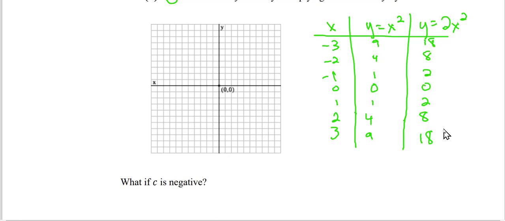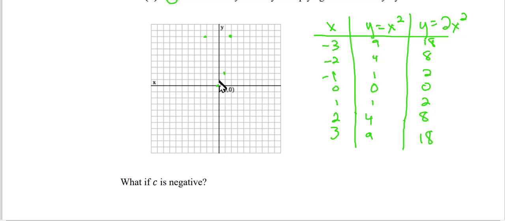I'm not going to graph the original parabola, but when I graph these, first of all, I still have the vertex at the origin. Now instead of 1, 1, I'm up at 1, 2. And instead of at 2, 4, I'm up at 2, 8. And then those reflect over.